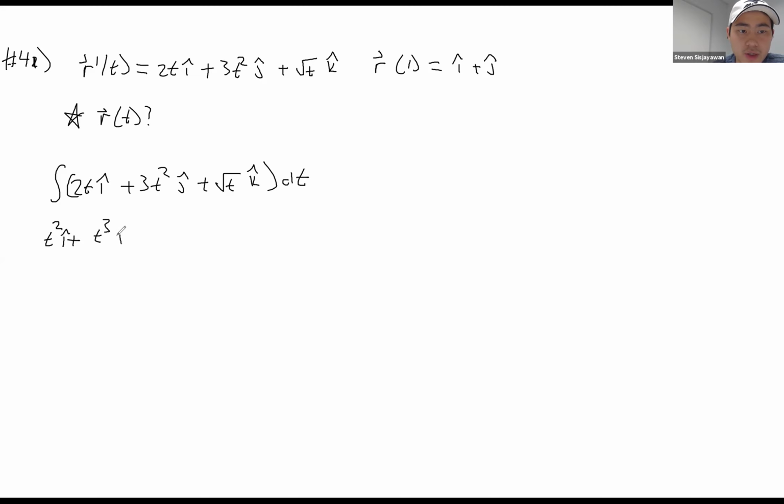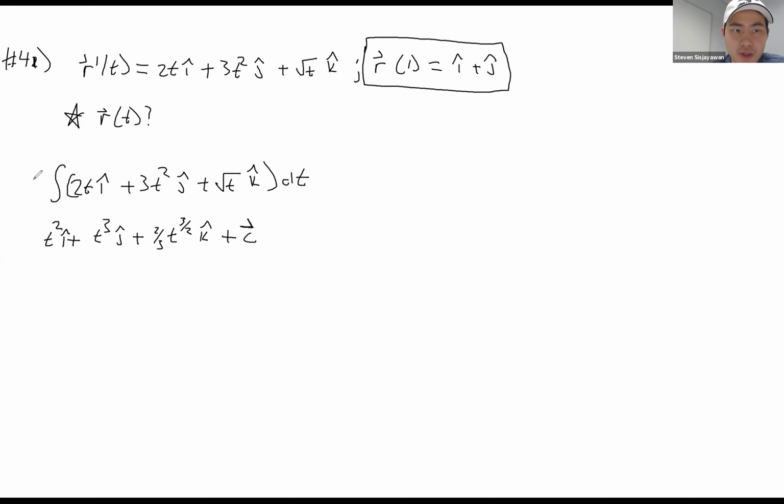It's going to be t cubed for the j component. It's going to be t to the 3/2 times 2/3 for the k component. Right? And since this is an indefinite integral, we're going to have to add a constant vector c. And that's why they specify in the question that r of 1 is equal to i plus j.